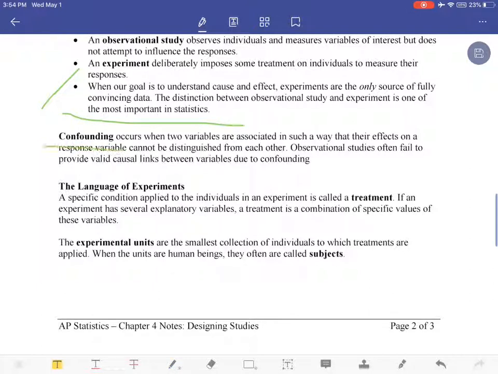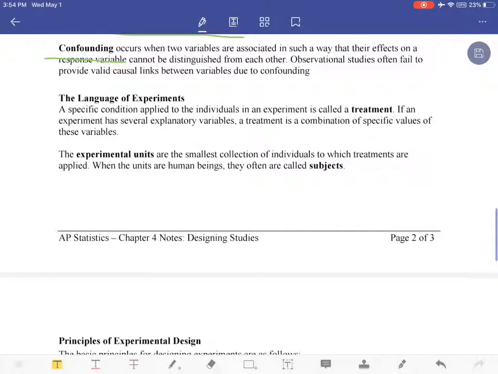Now some terminology when we're designing our experiments. The specific condition applied to the individuals in an experiment is called the treatment. So that's what you're giving the individuals, and that's where you're seeing if it has an effect on your response variable.